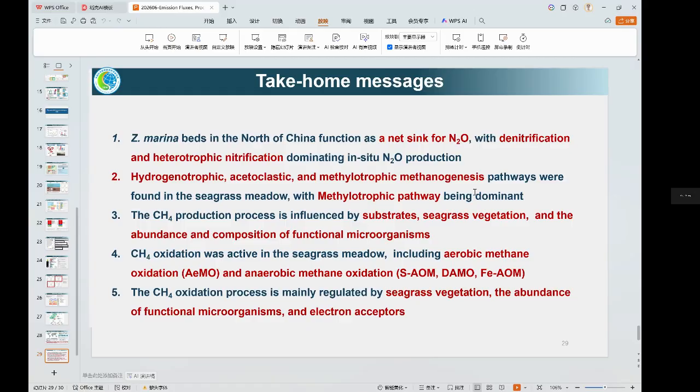The third, the methane production process is influenced by substrates, seagrass vegetation, and the abundance and composition of functional microorganisms. Methane oxidation was active in the seagrass meadow, including aerobic oxidation and anaerobic oxidation. The methane oxidation process is mainly regulated by seagrass vegetation, the abundance of functional microorganisms, and electron acceptors.